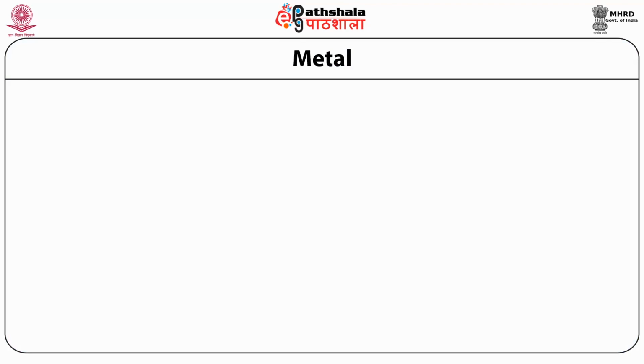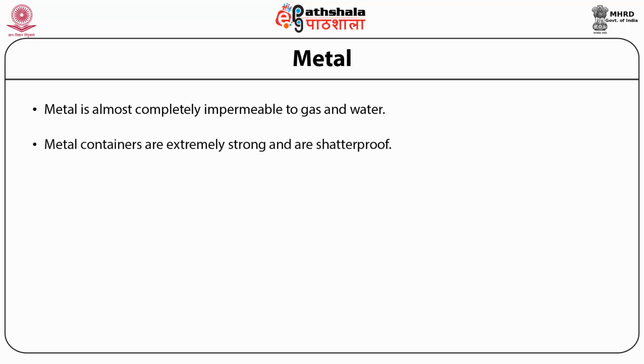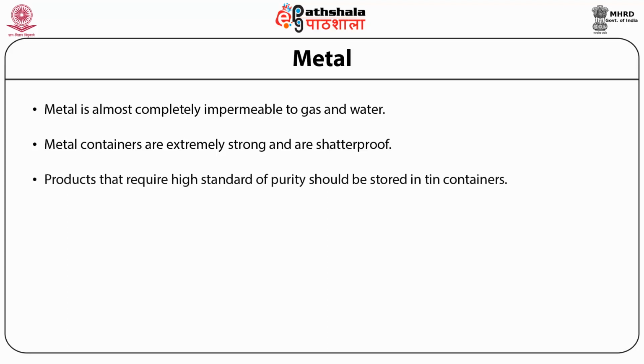Metal as a packaging material. Now let us see the advantages and disadvantages, and what types of metals we can use to store especially pharmaceutical preparations. Metal is almost completely impermeable to gas and water. Metal containers are extremely strong and shatterproof. Products that require a high standard of purity should be stored in tin containers.